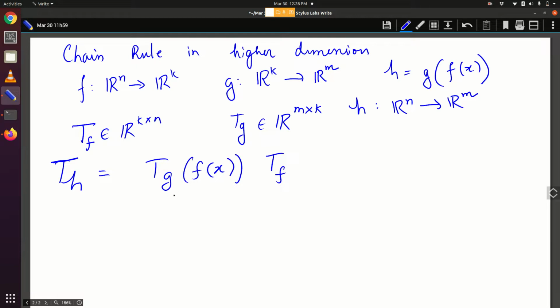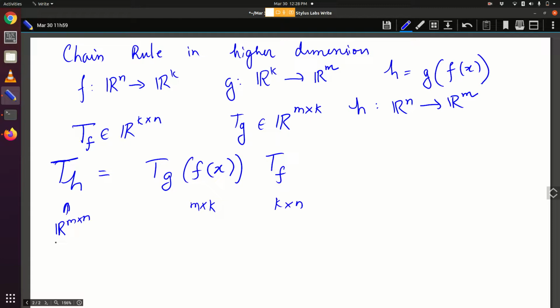So you are multiplying two matrices, one of dimension m cross k and another of dimension k cross n. The resulting Th belongs to R of m cross n.